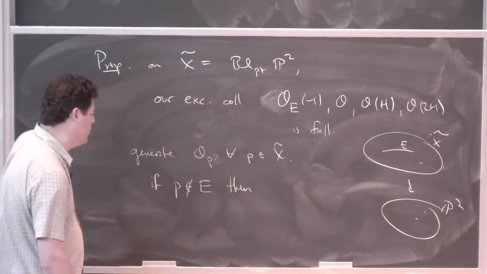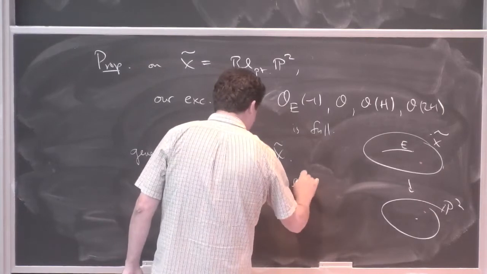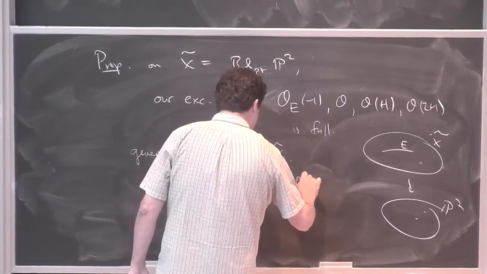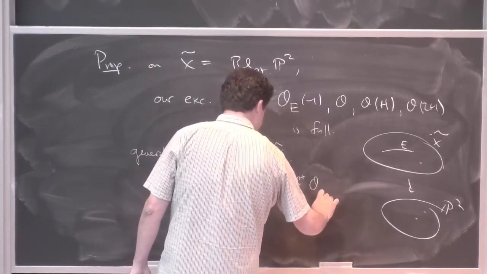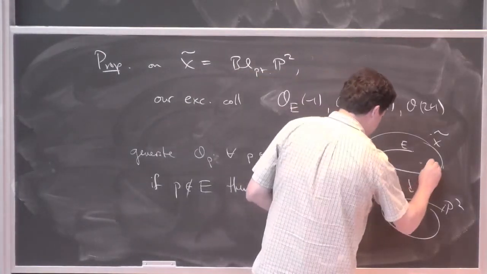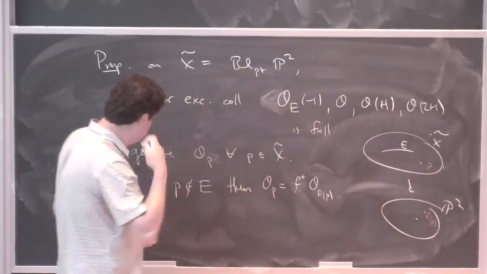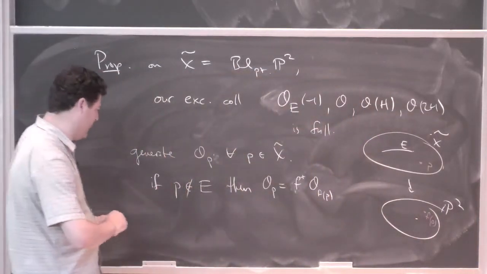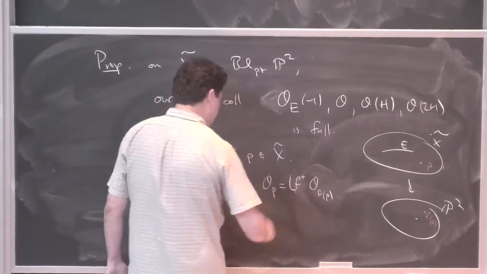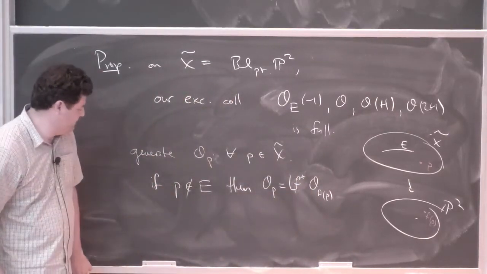And then O_p is f^* O_{f(p)}. I could write Lf^* if you want. Right? f is just an isomorphism out there.